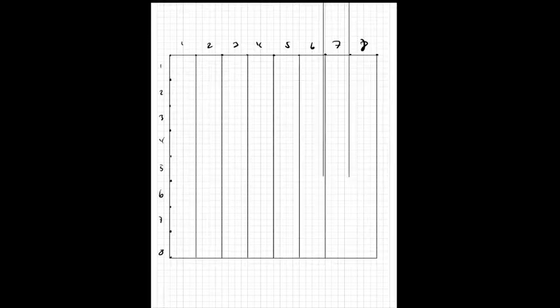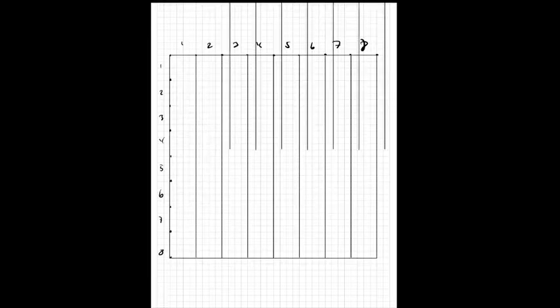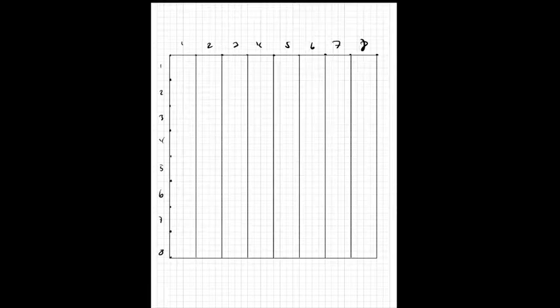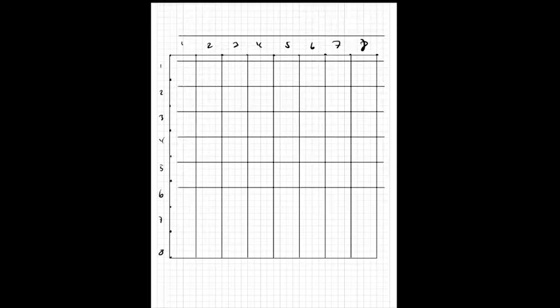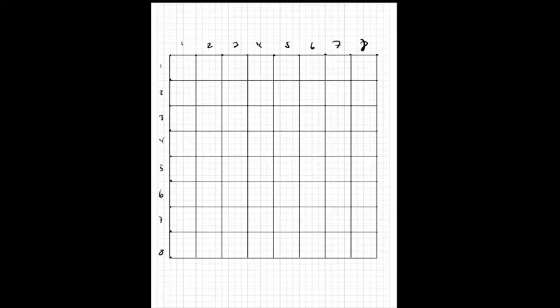Okay. And then copy, paste, wait, undo. Copy, paste, and we want to rotate it. Boom. Okay, that's good enough. Okay, some of them are a little off, but it's okay. Okay, all right.